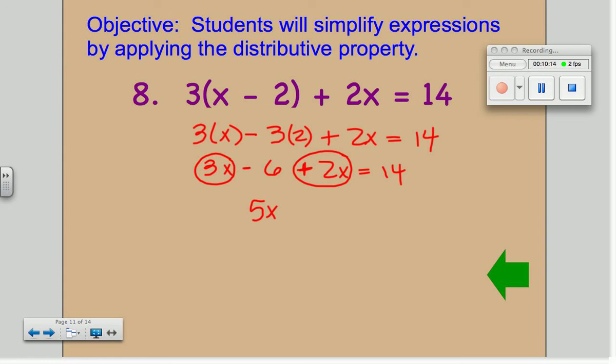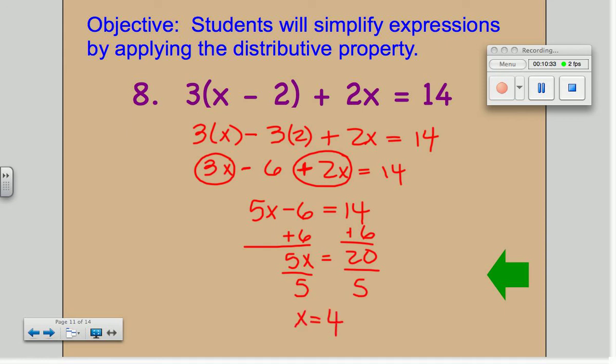We have minus 6 equals 14. Do the opposite, add 6 to both sides, 20 and 5x. Divide both sides by 5, x equals 4. Okay?